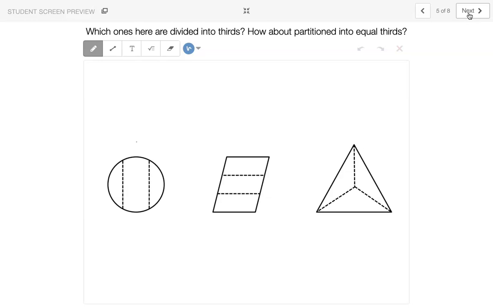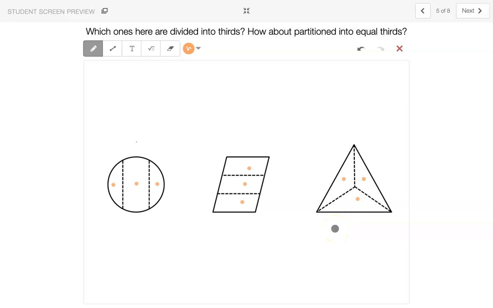Now let's work with thirds. Which ones are partitioned into equal thirds? Well, first of all, let's see what's divided into thirds, I should say. 1, 2, 3 parts. 1, 2, 3 parts. 1, 2, 3 parts. Right? So I got all 3 of them.